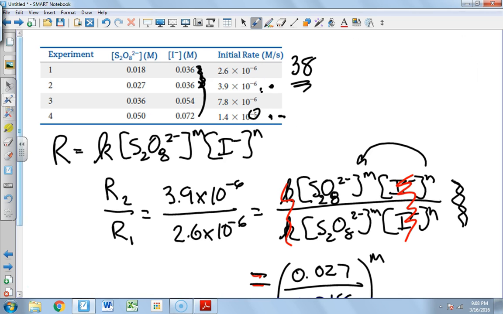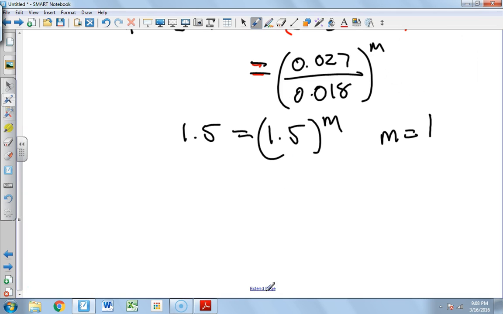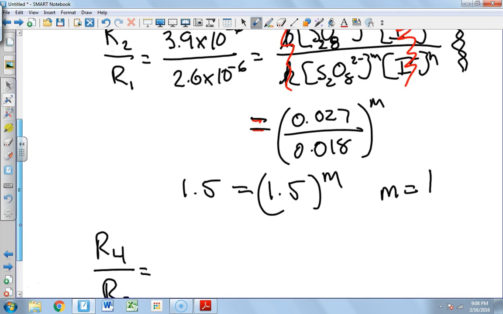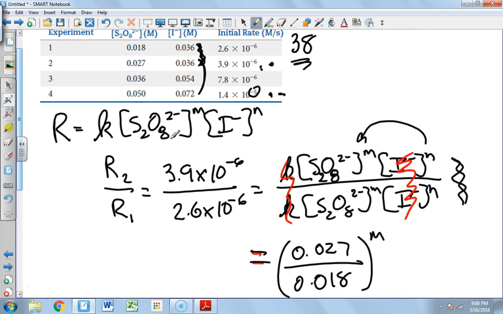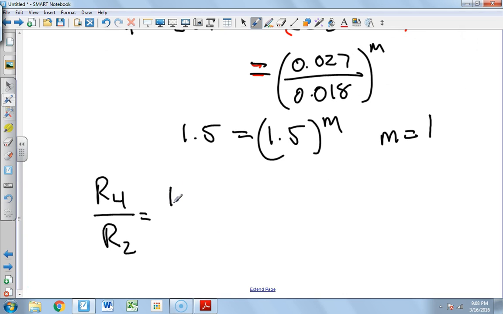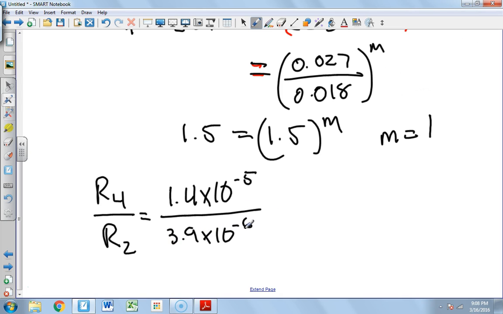So we're going to do rate 4 over rate 2. Rate 4 is 1.4 times 10 to the minus 5 over 3.9 times 10 to the minus 6.